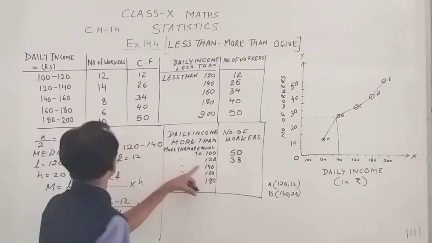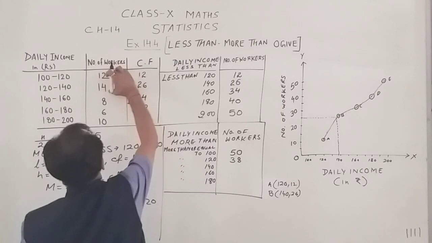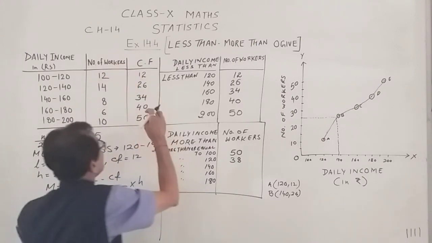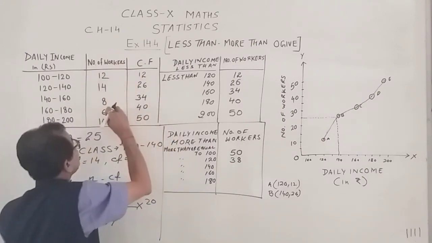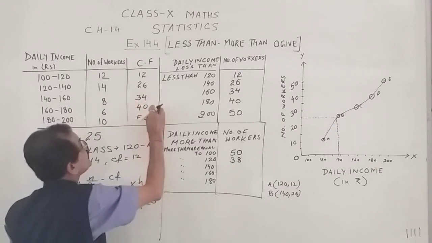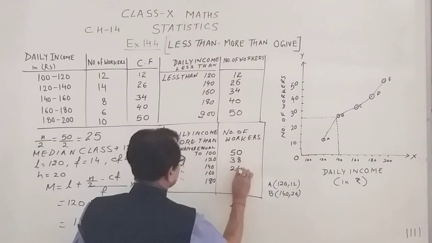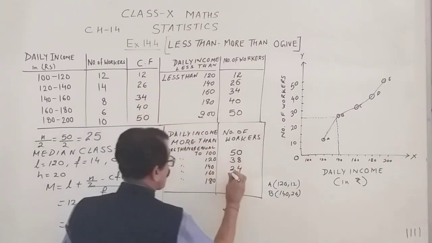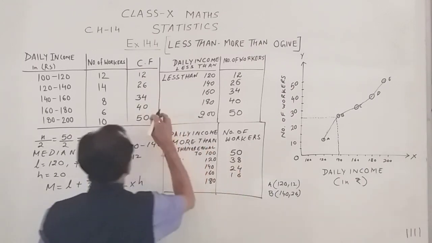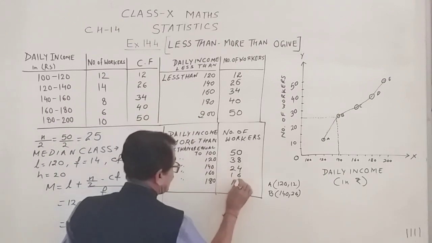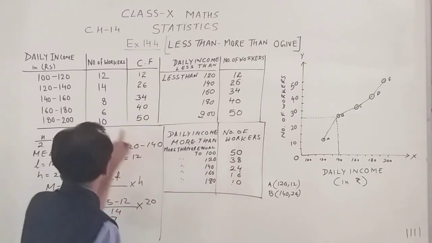Similarly, more than or equal to 140 means these two classes are excluded. So we will calculate these three terms, that is 50 minus 26 and then 50 minus 34 and then 50 minus 40 to get the last frequency here.